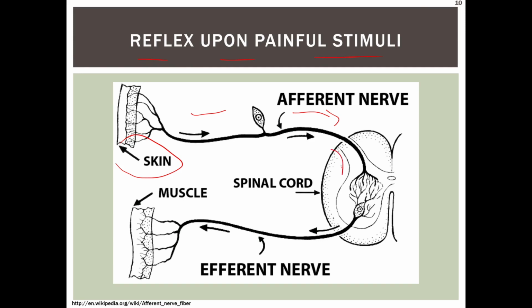And the input comes in, and there's a reflex arc that sends that information immediately back out to the muscle to stimulate the muscle to act, to withdraw your hand from a hot surface or to move your hand or your foot from a sharp object. And so there is this reflex that can bypass the central nervous system and just go right back out to the muscle.